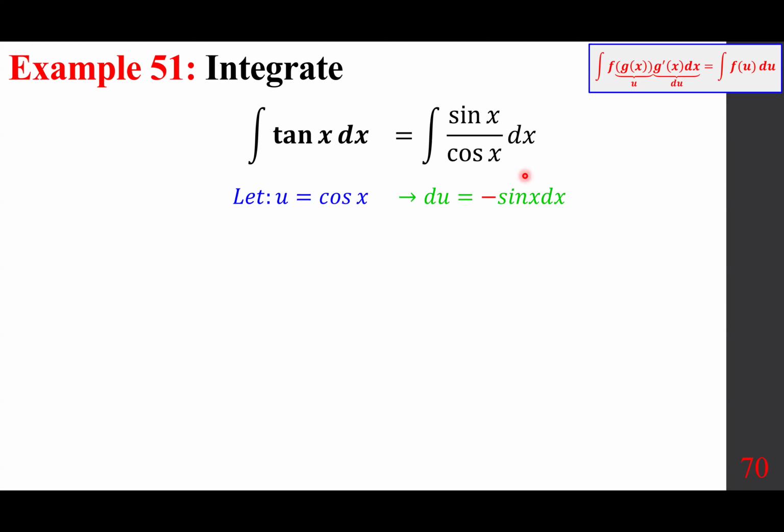So we are going to rewrite this so it becomes clear what we are dealing with. We are dealing with 1/cosine x, and we are dealing with sine x times dx, and we're going to put -1 here, and -1 here, to make sure this sign is taken care of.